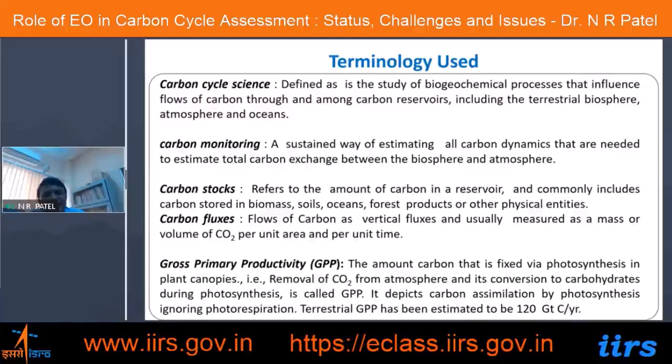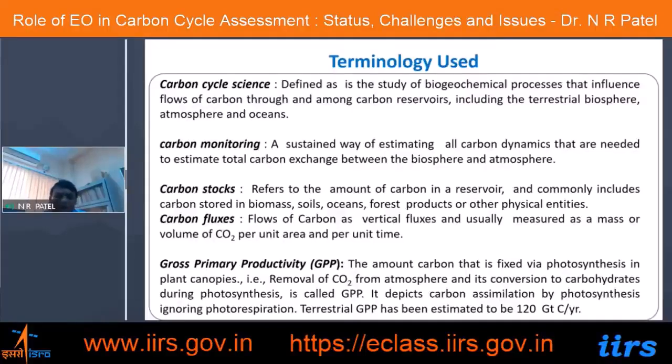So let us also understand certain terminology which I am using throughout this course. Carbon cycle, we already defined, is a biogeochemical cycle that influences the flow of carbon through and among carbon reservoirs, including the terrestrial biosphere, atmosphere and ocean. Then carbon monitoring: a sustained way of estimating all carbon dynamics, needed to estimate total carbon exchange between the biosphere and the atmosphere.